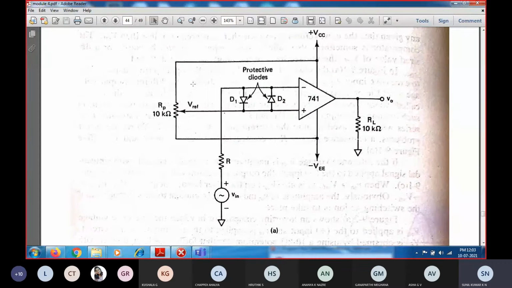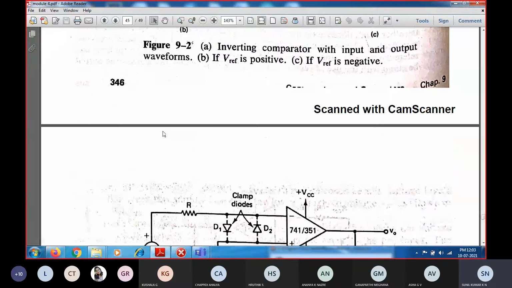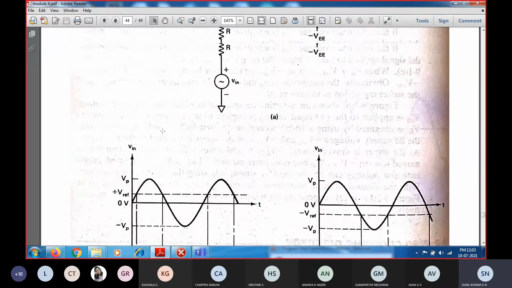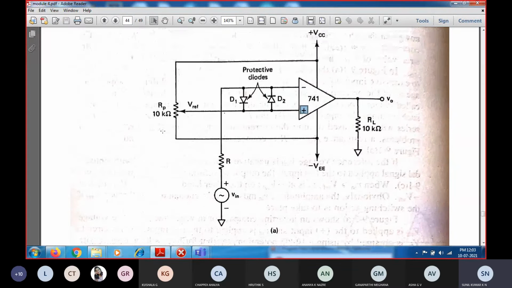For this circuit, the input voltage is given to one of the input terminals, and to the other input terminal we give a reference voltage. To get this reference, we take the voltage from the two power supplies and move across them, selecting the reference voltage such that we are exactly at the center between the positive and negative.